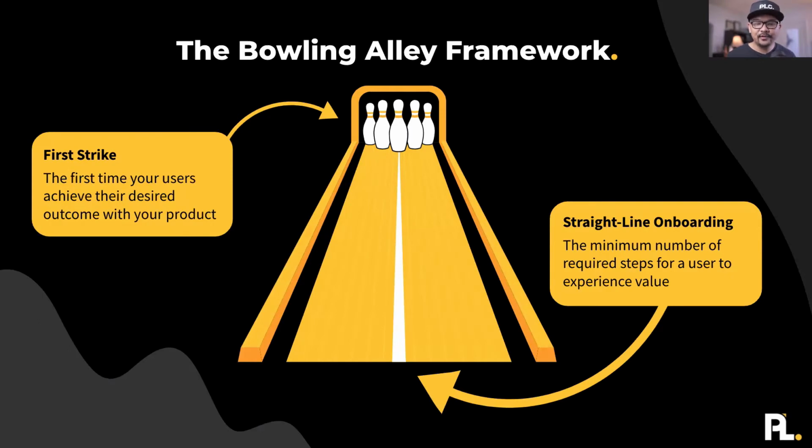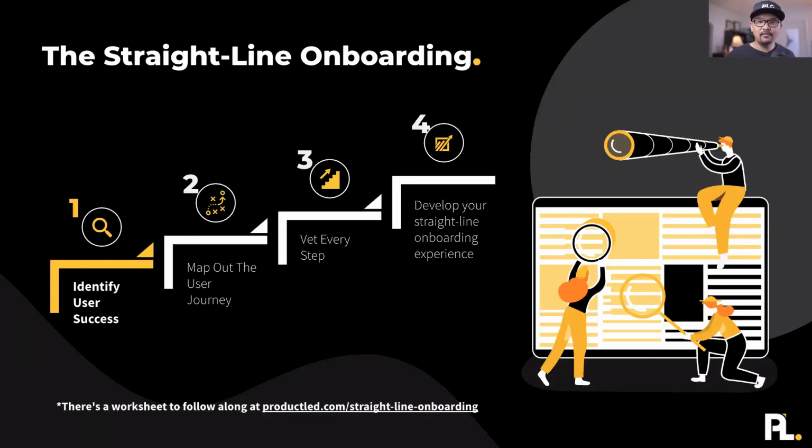Now, what we want to do is create the quote unquote straight line onboarding. That's the minimum number of steps that new users have to take to learn the features they need to experience that first value, or get that first strike.